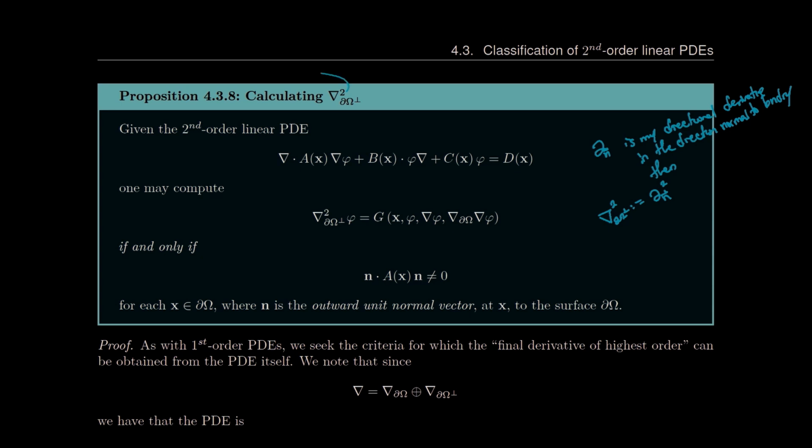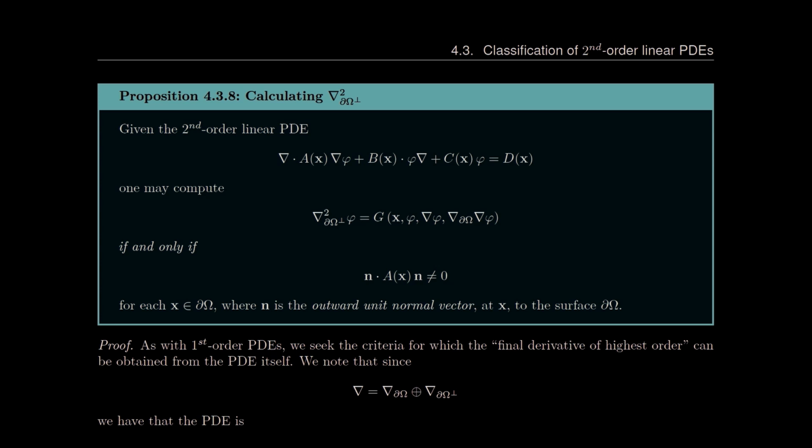So the question is, can we calculate that from the PDE plus boundary conditions? The answer should be yes if we have some notion of a non-characteristic condition, just like in first order PDEs. So what am I saying? This looks the exact same as the way I had set up the non-characteristic condition in the first order PDEs.